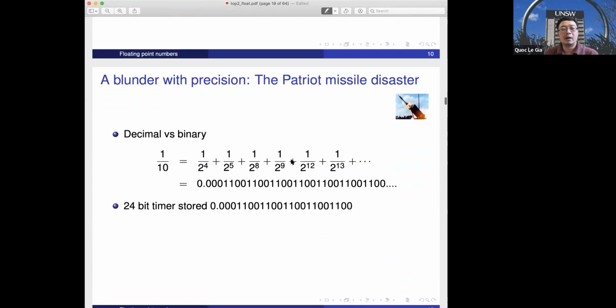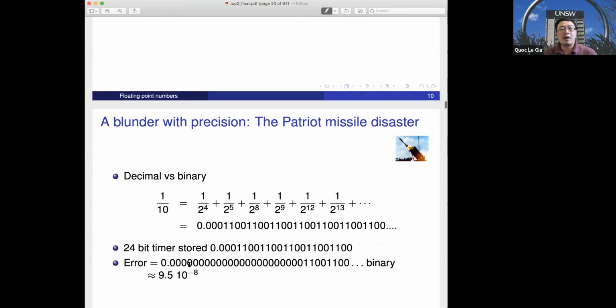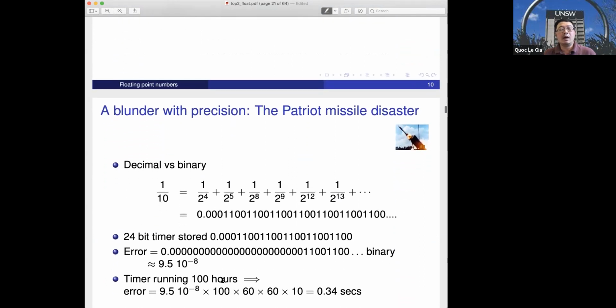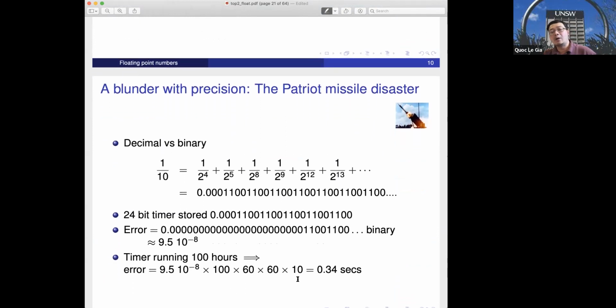In a military application, suppose they store a timer in a register of 24 bits, then the error is about 10 to the minus 8. You can say that is not big. However, when you let it run over 100 hours, the errors accumulate and become about half a second.